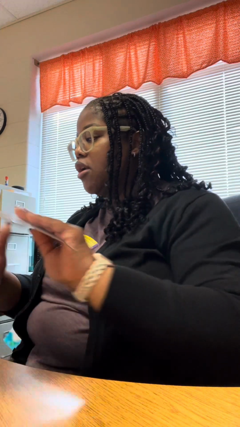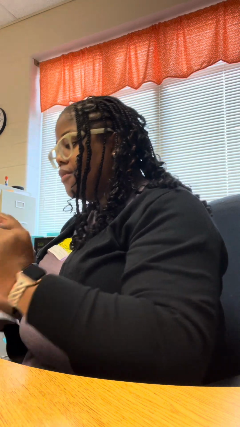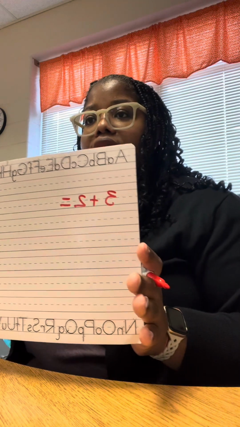Okay, all right, so we're going to start with our first problem. I'm gonna write it in red so maybe it'll be easier for you to see. Okay, can everybody see that? So when you got the answer, put the thumb up.